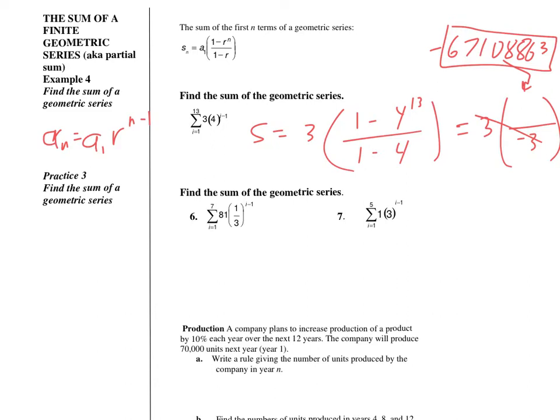All right, so same idea here. So we'll say sum equals 81 times 1 minus, let's see, r here would be 1/3, which since I'm going to raise that to an exponent, I'm going to put it in parentheses, and 1 minus 1/3 on the bottom.